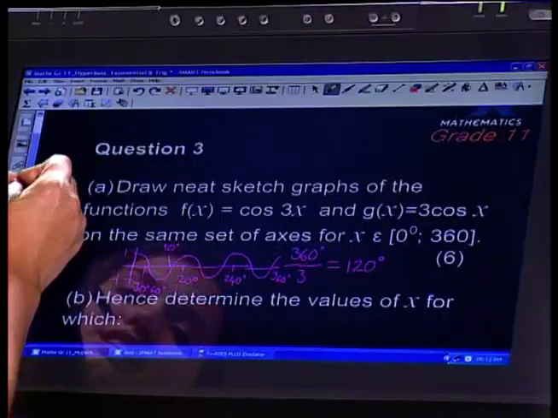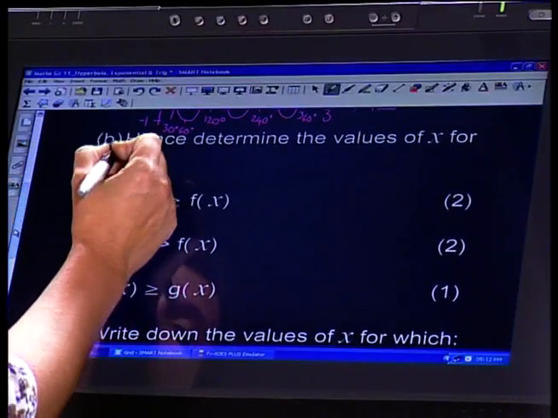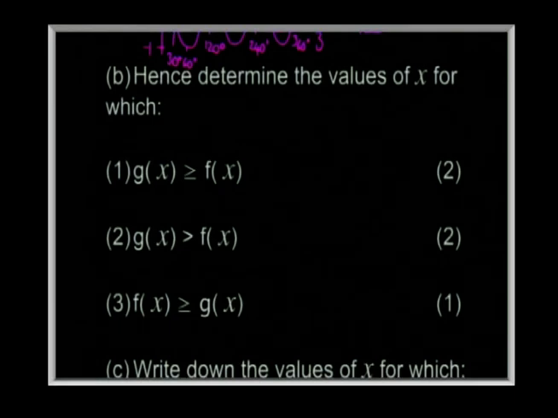Let's move on to the second part of question 3. It asks us, hence determine the values of x for which g of x is more than or equal to f of x. In order to do any of these questions, you need to understand what an inequality is. An inequality is a way of listing a whole lot of values.